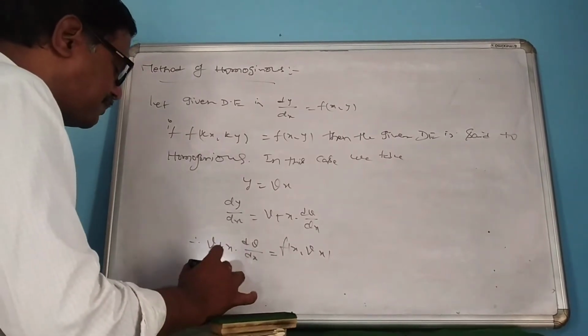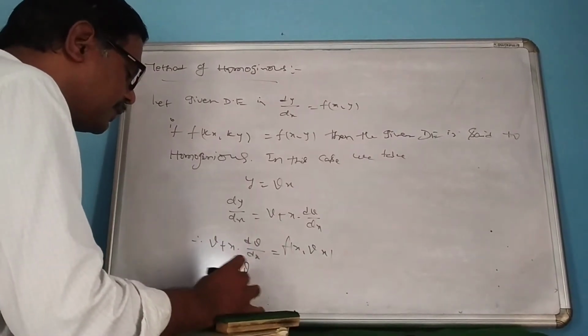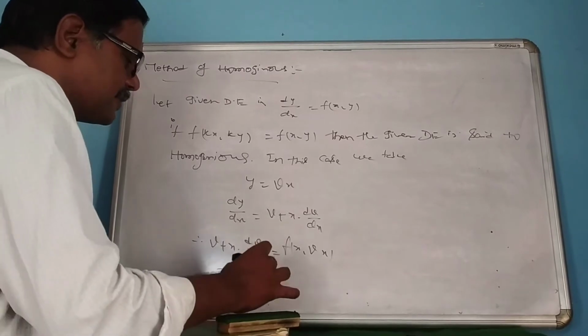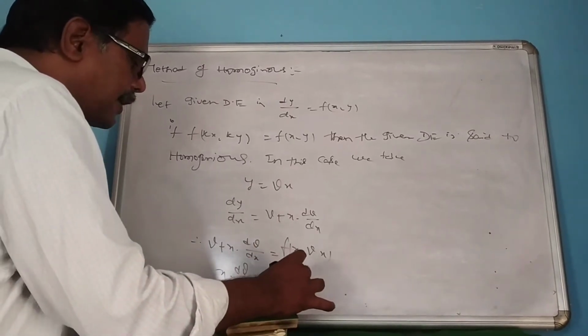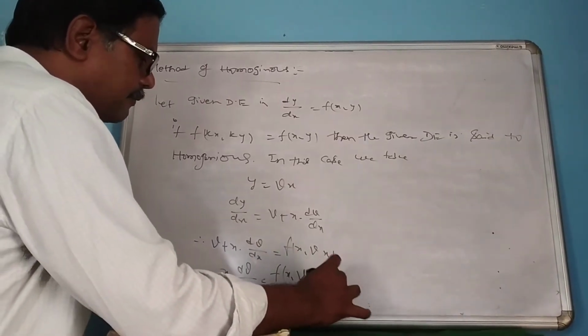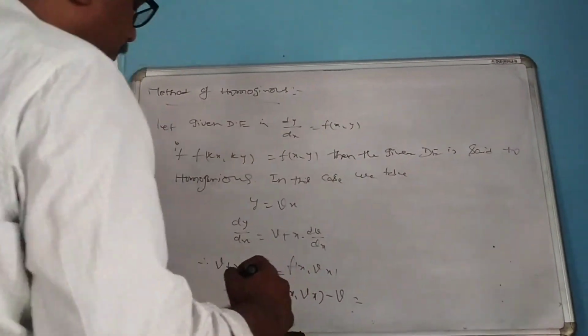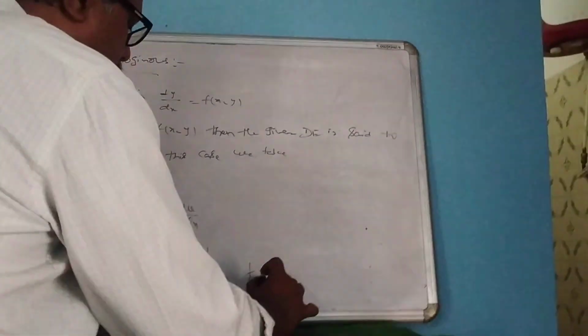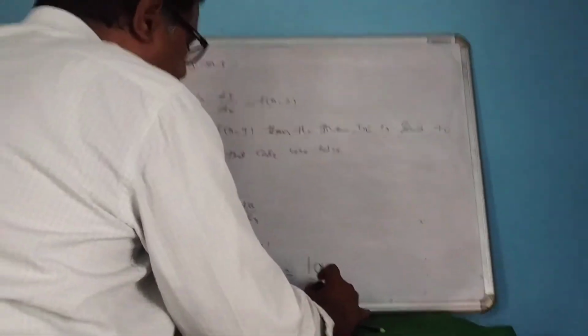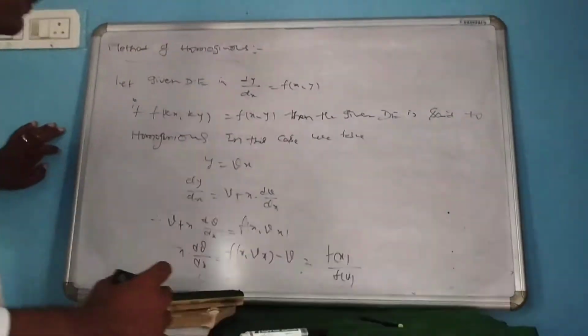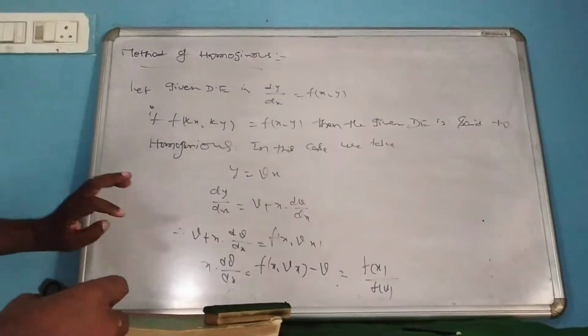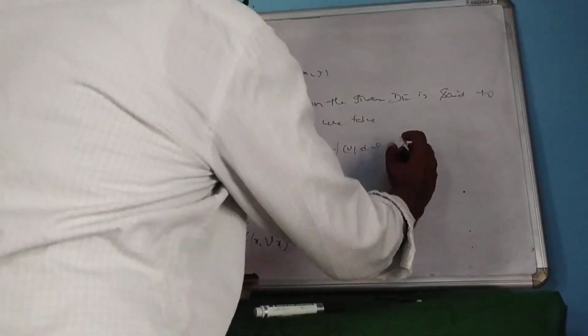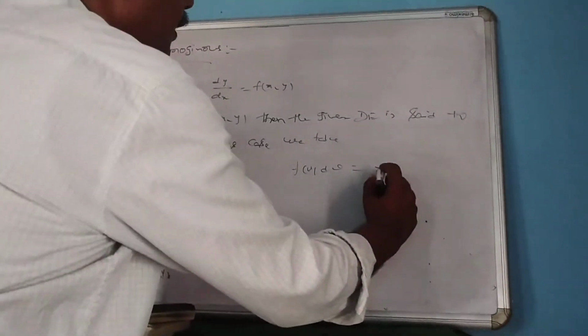x into dv by dx is equal to f of x, vx minus v. This will be in the form f of x by f of v. By method of variable and separable, integral f of v into dv is equal to integral of x dx.